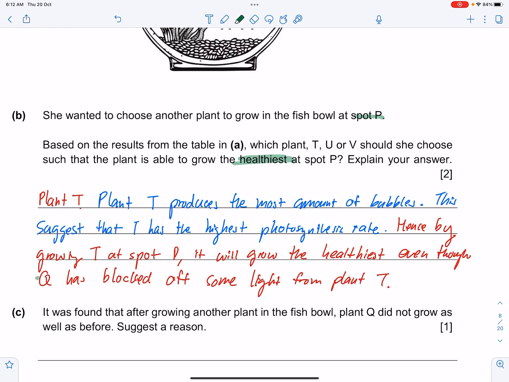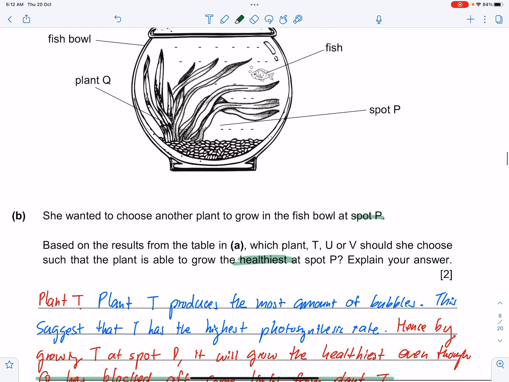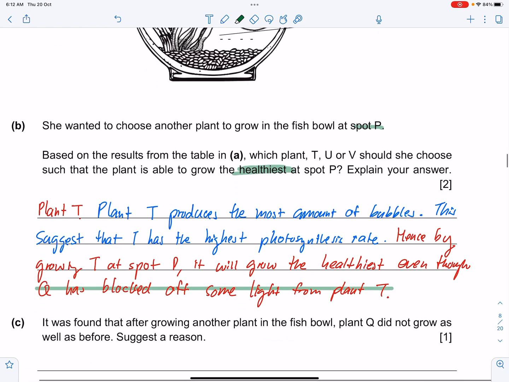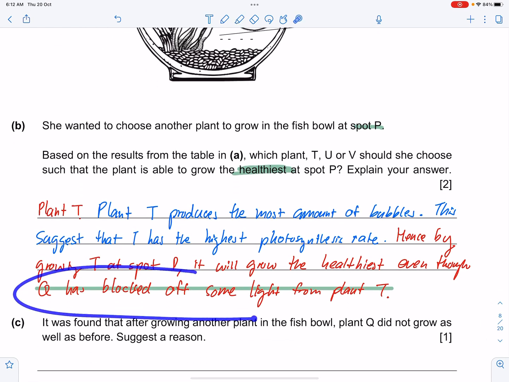Many students left out the part whereby Q blocked off the light. So you have to relate, use the question. Okay, this is important because it justifies why not the other plants.